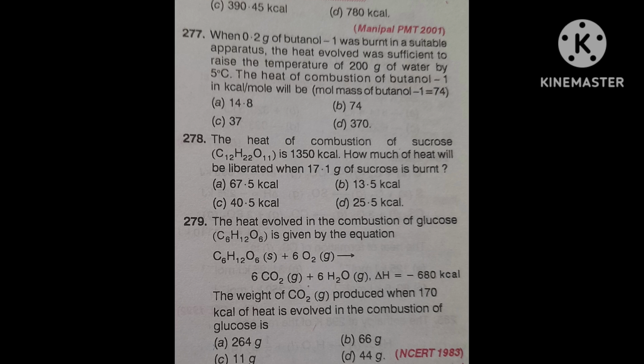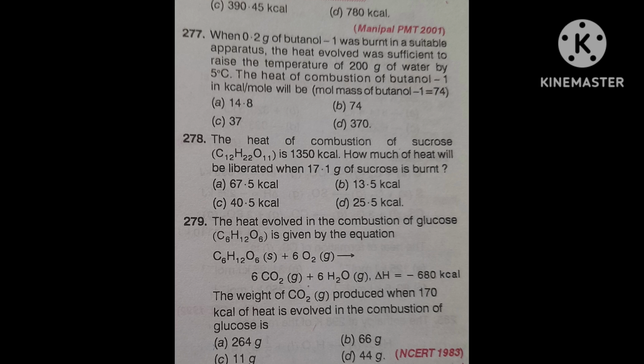Then you have to calculate the combustion of butanol-1 in kilocalorie. I have told you that the heat evolved from 0.2 gram of butanol-1 raised the temperature of 200 gram of water by 5 degrees.